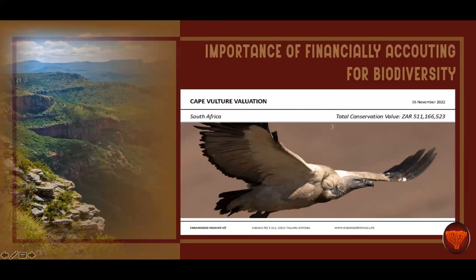Now, the population has a calculated value of around 26 million euros, of which just over 1% is the 30-year carbon sink value for the population. So if we were to put in place measures to protect the vultures, they would be helping to save value of 26 million euros.